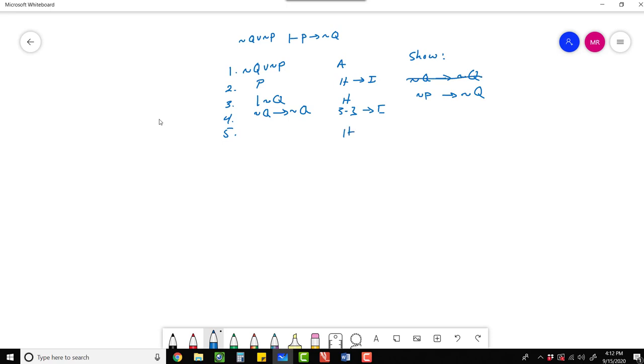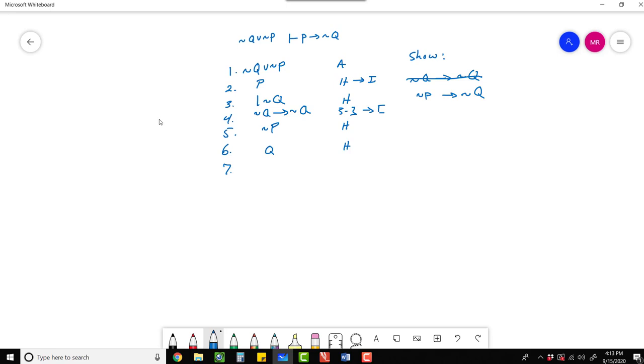Now I'm going to hypothesize not P. And again, what I'm trying to get is not Q. I see no way of getting not Q directly, but I do see that there's a contradiction between my initial hypothesis and not P. So what I'll just do is hypothesize the opposite of not Q, which is Q. I could do not Q if I like. It'll still work out, just one extra step, right?